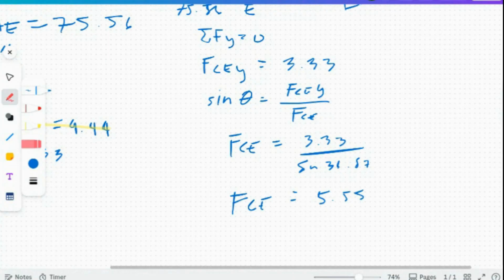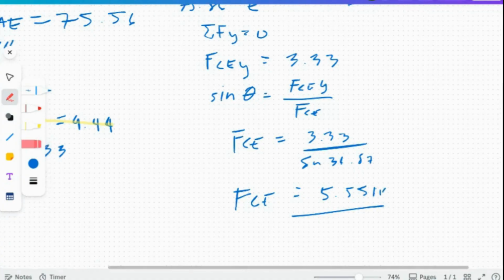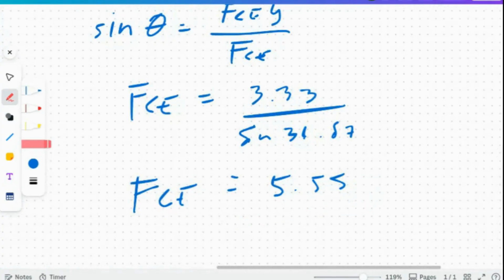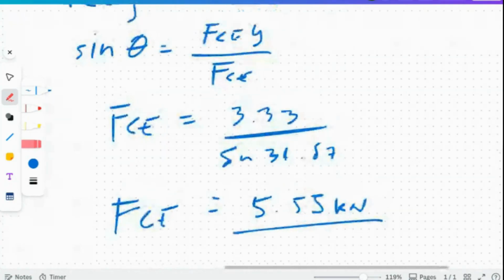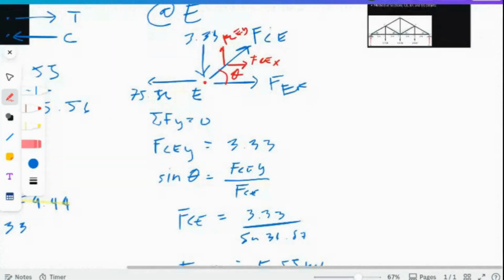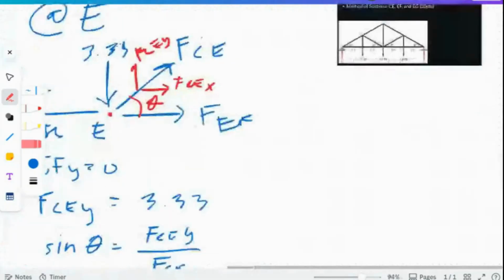So we got that in kilonewtons. Next up, we need to get our force horizontal. That's going to be for another video.